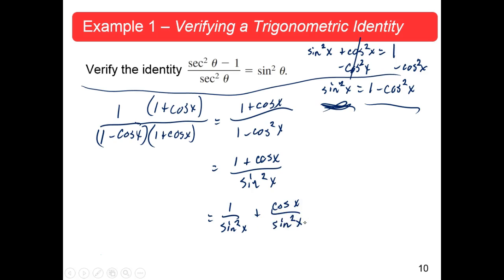Okay? Now, what is 1 over sine squared? Reciprocal identity. Which one? Look it up if you need to. What's 1 over sine squared? It's 1 over sine.